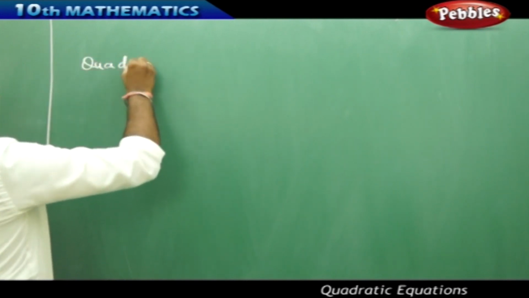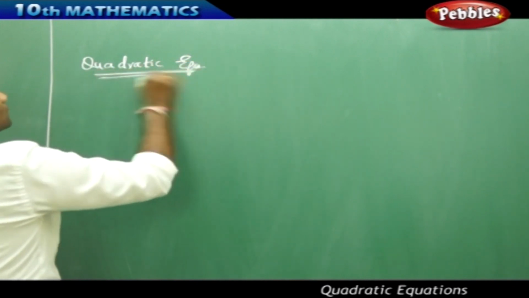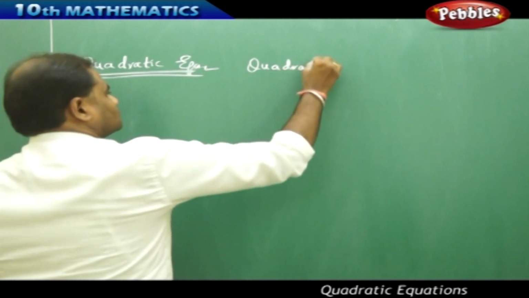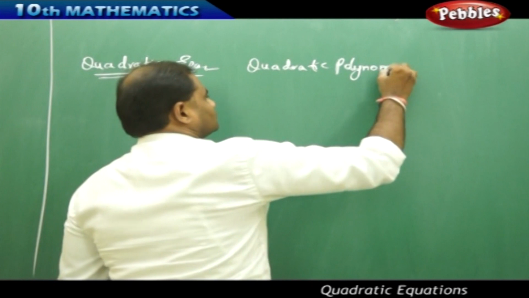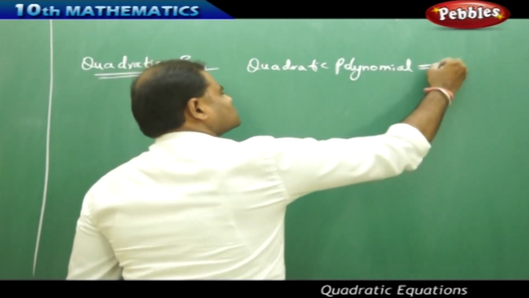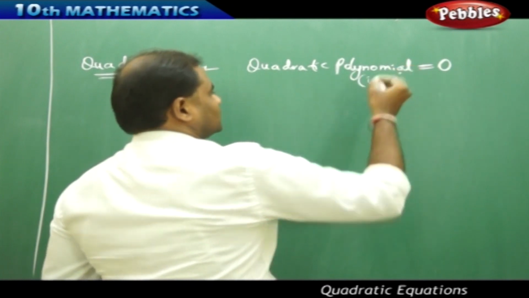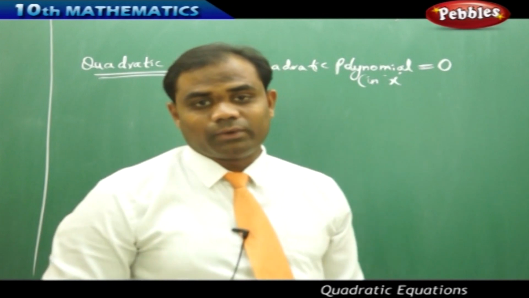If we understand it in the general form, it's a quadratic polynomial equated to 0. Of course, a quadratic polynomial in variable x, if I equate that to 0, then that equation is called a quadratic equation.